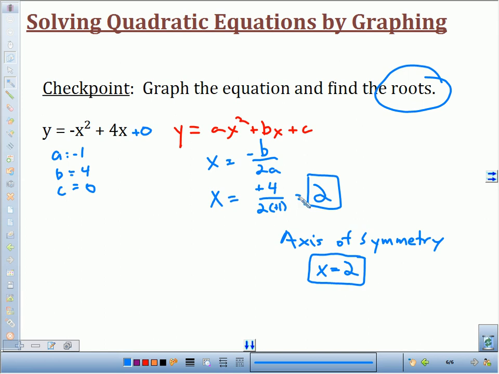Keep in mind, the roots that you get, the solutions that you get, should be whole numbers. You should not be dealing with any fractions when you find the roots. So keep that in mind when you're graphing and when you're plotting points. All right, bring this into class and make sure that you have it done.